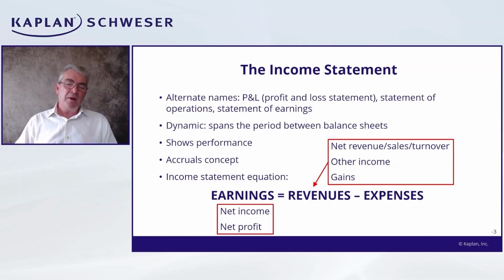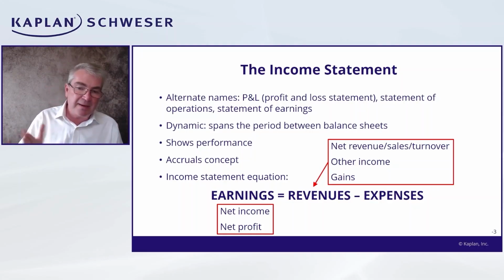Other income, well, other income is any income that we generate that is not directly related to our primary business operations. So let's imagine that I'm a training company like Kaplanlearn, for example. So my major activities is selling books, providing training courses, etc. But I happen to have a building that I'm not using and I rent it out to a third party.